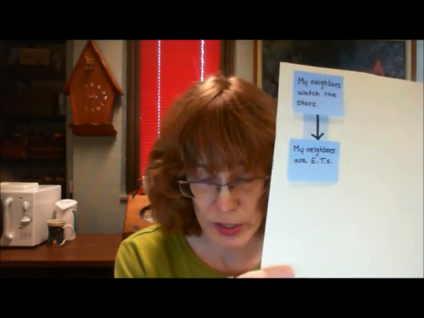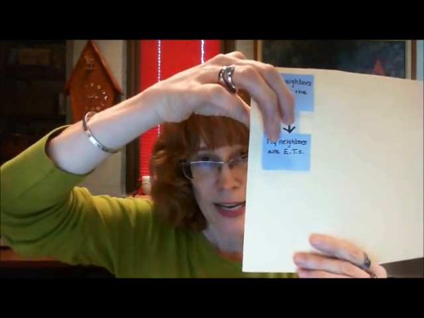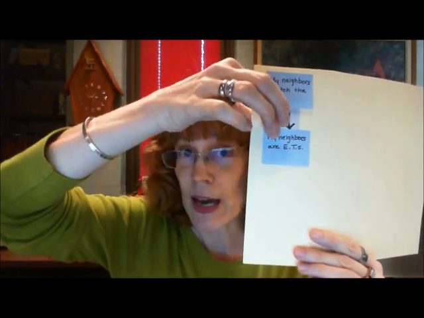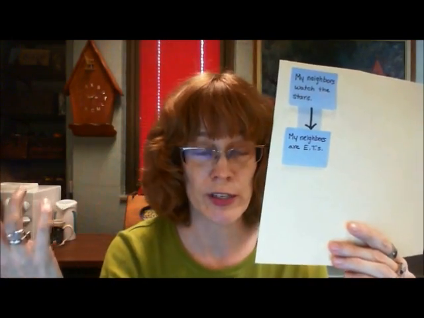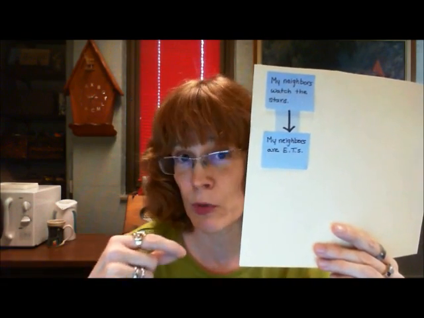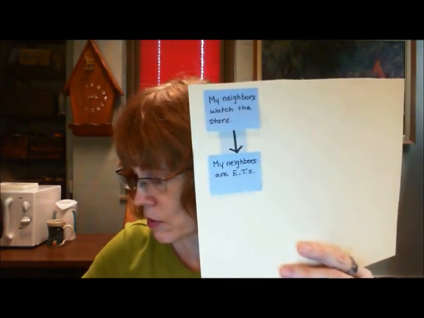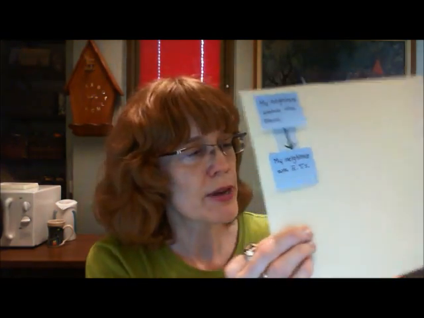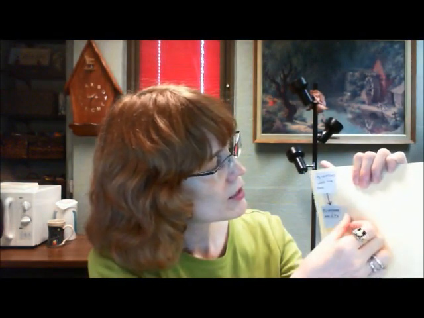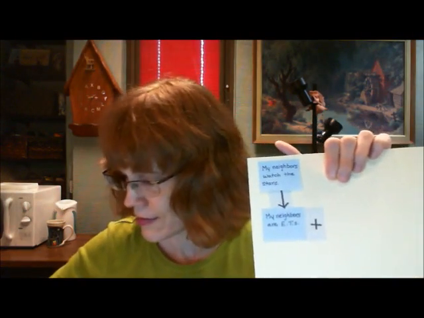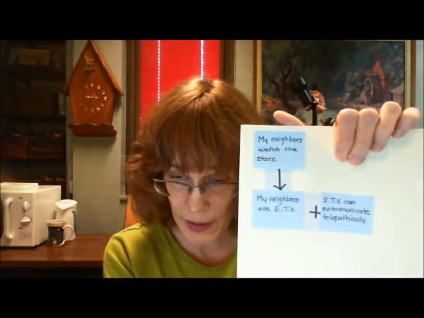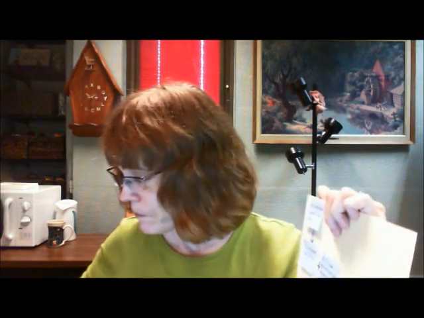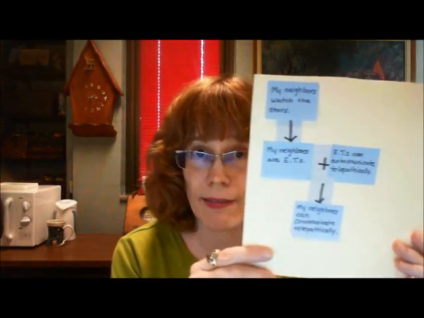The other relationship that we saw added my neighbors are extraterrestrials together with the idea that all extraterrestrials can communicate telepathically to conclude that my neighbors can communicate telepathically. So I'm going to take the idea that my neighbors are extraterrestrials and add it to the idea that extraterrestrials can communicate telepathically to conclude that my neighbors can communicate telepathically, like that.